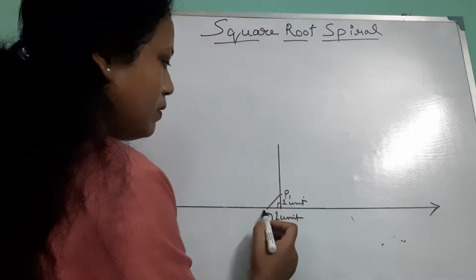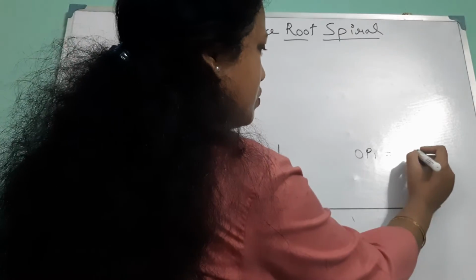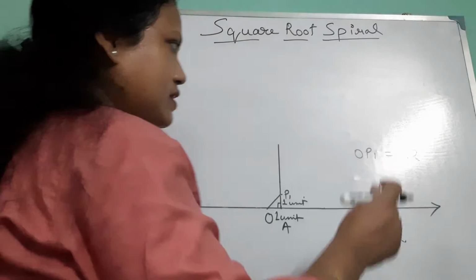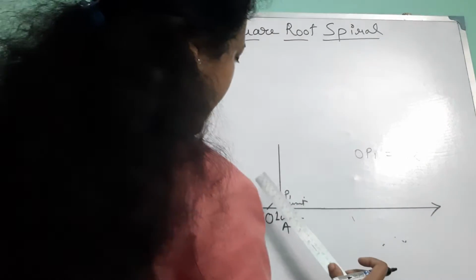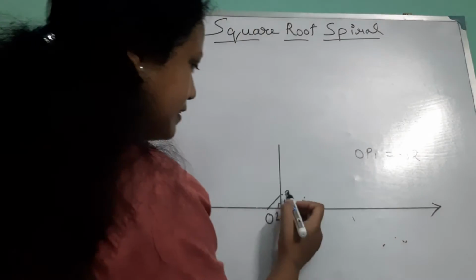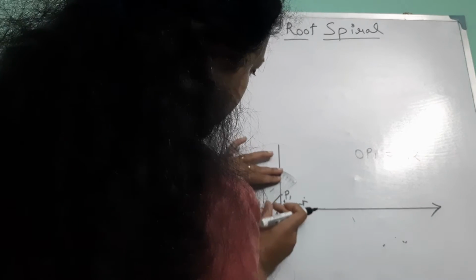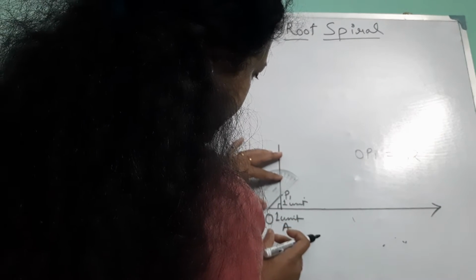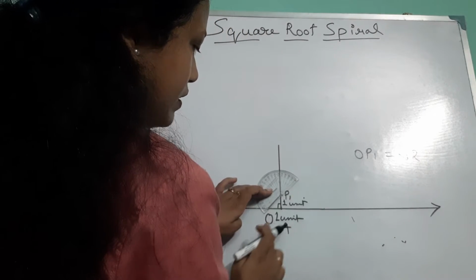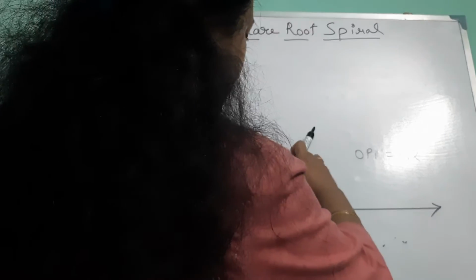Now what will be OP1? OP1 will be equal to root 2. Now the question is why OP1 is equal to root 2. That we will see later. So let us draw again a perpendicular with the help of the protractor at point P1 with the base OP1. Keep the base on OP1 at point P1 and draw 90 degrees.